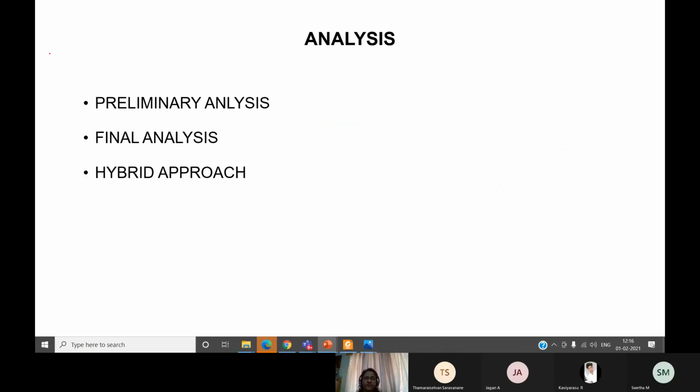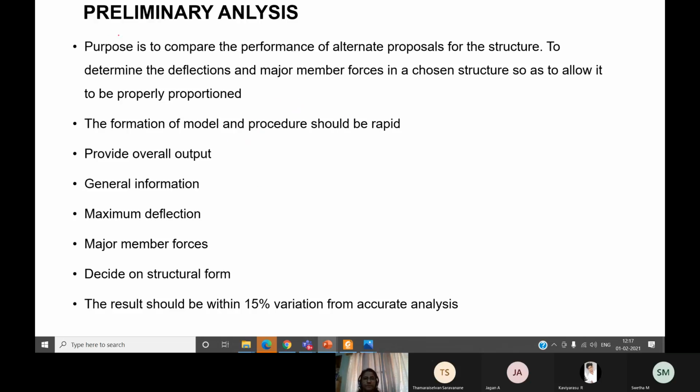So the analysis itself I can categorize as a preliminary analysis, a final analysis, and a hybrid approach of analysis. What are the different ways we can do an analysis? Initially, a preliminary analysis. What is the meaning of preliminary analysis? The purpose of preliminary analysis is to compare the performance of all alternate proposals for the structure.